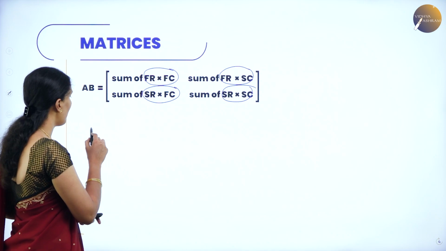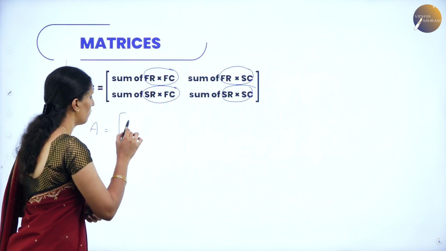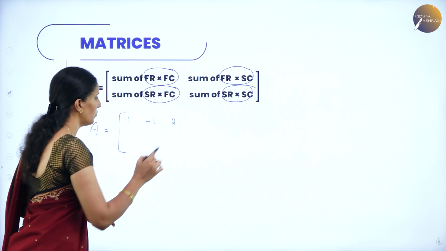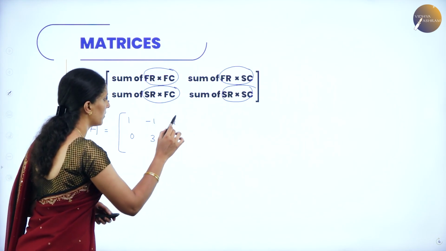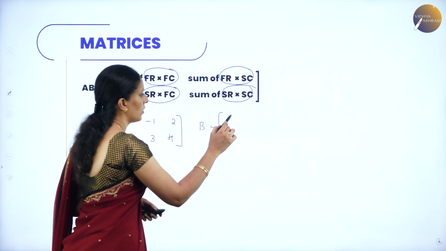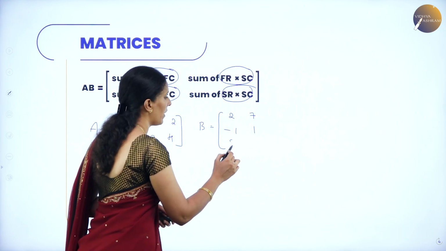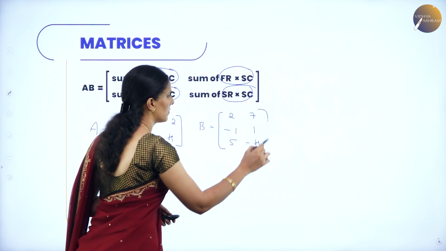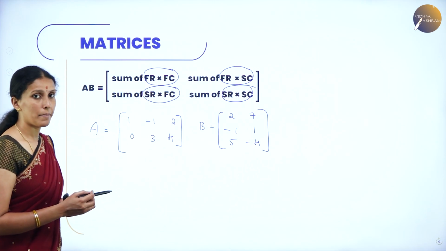Here I have taken the matrix A equal to [1, -1, 2; 0, 3, 4], and matrix B as [2, 7; -1, 1; 5, -4]. So these are the examples we have taken, matrix A and matrix B.